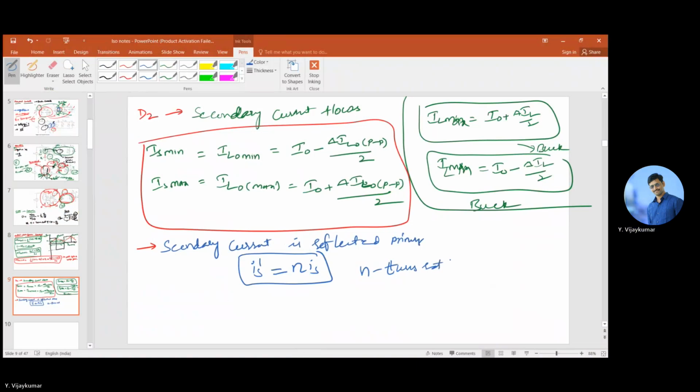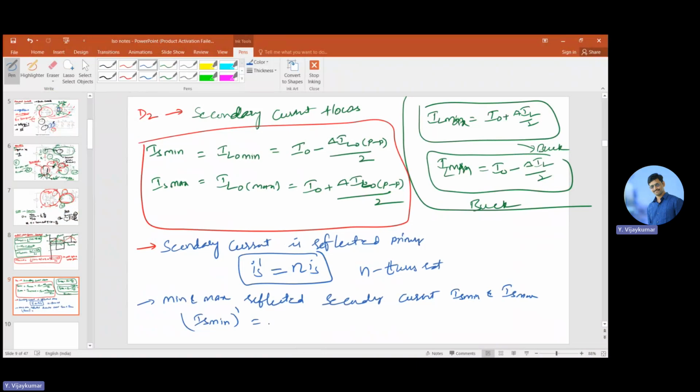Similarly, we also have the minimum and maximum currents in this reflected secondary current. We call these the minimum and maximum reflected secondary currents, IS minimum and IS maximum. IS minimum dash, the reflected one, is N times IS minimum.